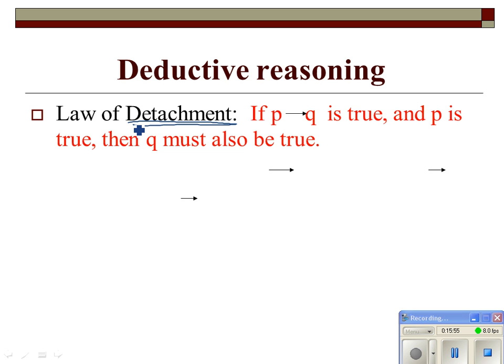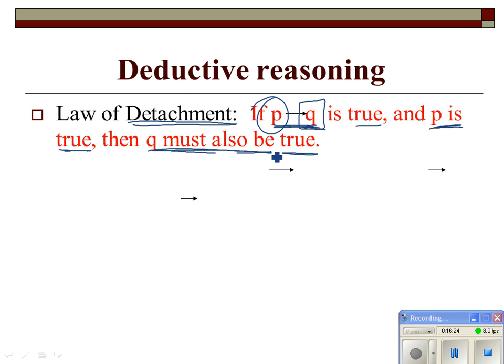The law of detachment says if P tells you Q, so if P goes to Q, and we know that that's true, and P is true all by itself, so if we take the P out and it's true all by itself, then the Q statement must also be true all by itself.